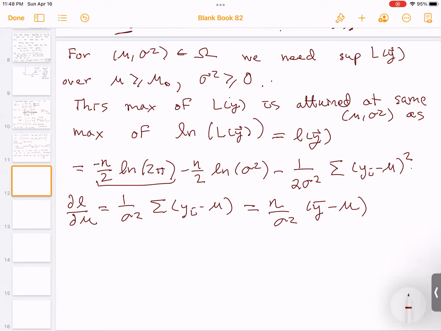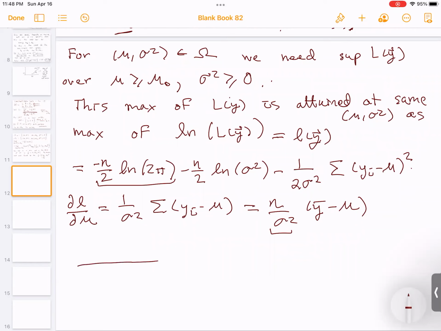Now, what do you notice? Sigma squared is always positive, so this factor is always positive. And we can see that the derivative changes sign when mu is y bar. This was with respect to mu.